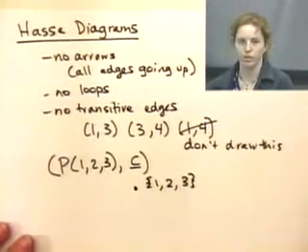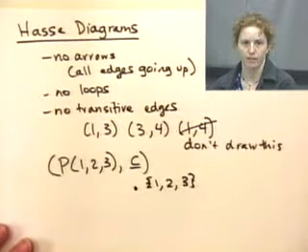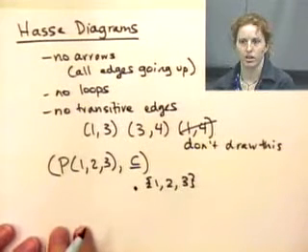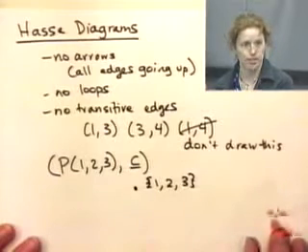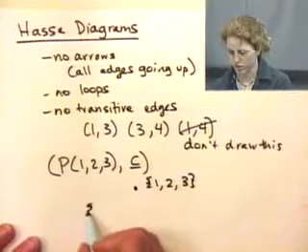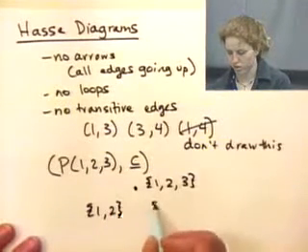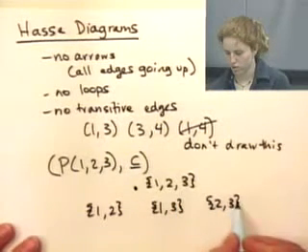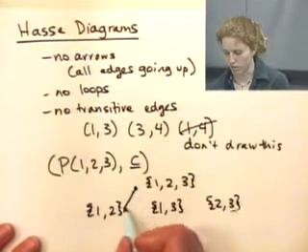So the maximum point was the set containing 1, 2, 3. And then what goes on the next level below that? All the sets containing 2 elements. And then these were connected, right?